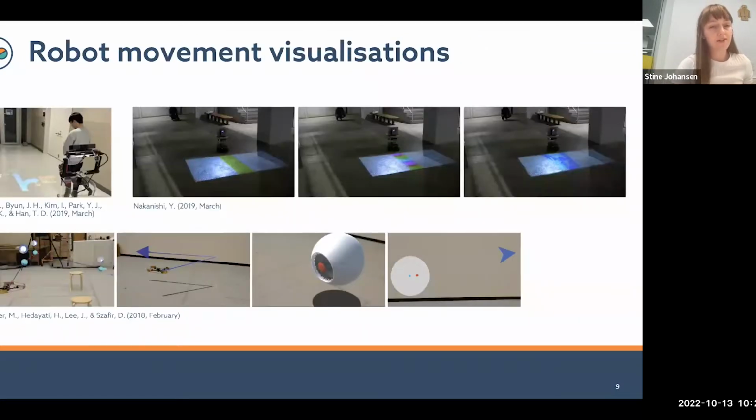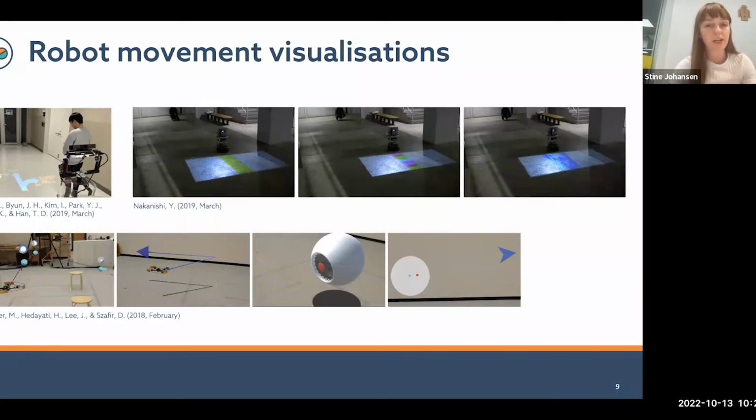And of course, movement visualizations have also been thought of in other areas of robotics research. So specifically looking into how visualizations can be used in interfaces to show, for example, robot intention.